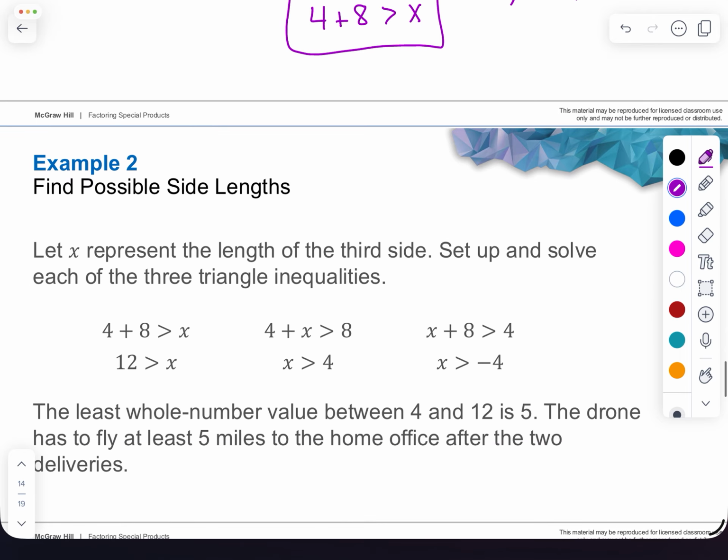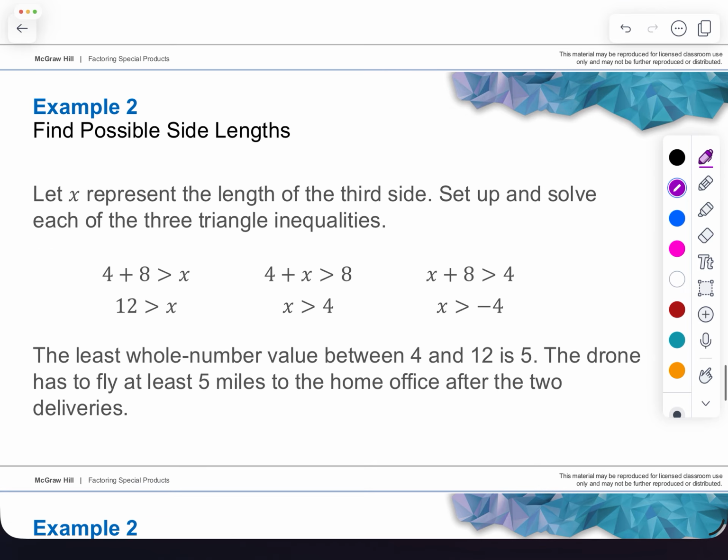They went ahead and made all of them, and they solved all of them right there. So 4 plus 8, and they solve that down, 12 greater than X. So X must be less than 12. If we were to rewrite that the other way, X less than 12. Then this one, 4 plus X, they subtract the 4, and we get X greater than 4.